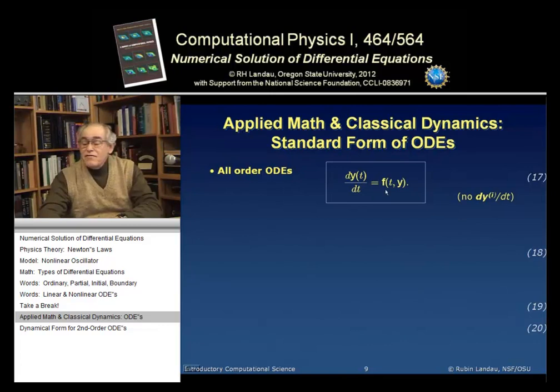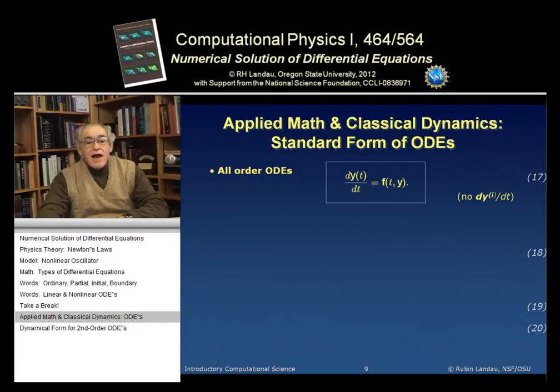And on the right we have a force function f, which is a function of t and y. The difference here, and it's hard to see on this slide, is that both y and f are bold. Bold means, in this case, that these are vectors. These have multiple components to them.